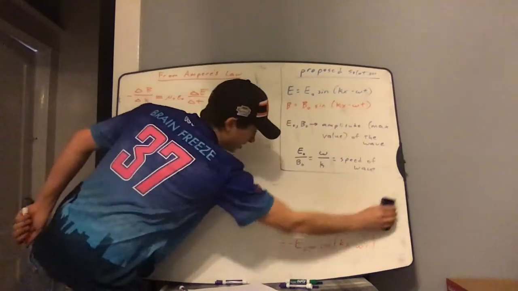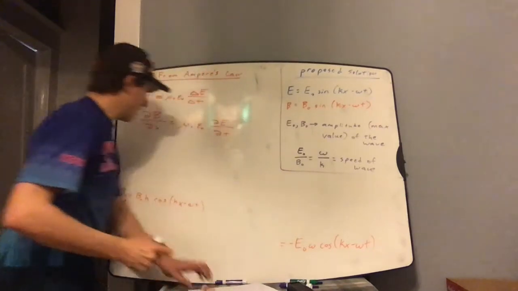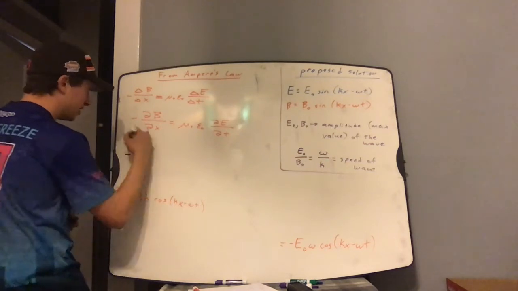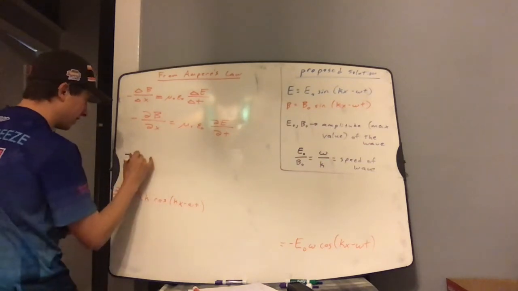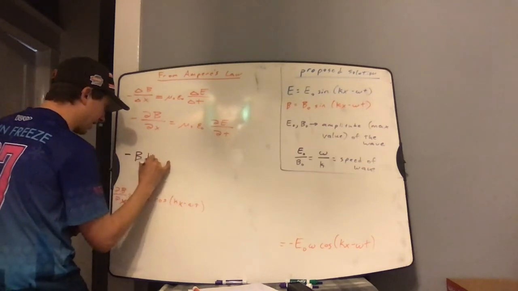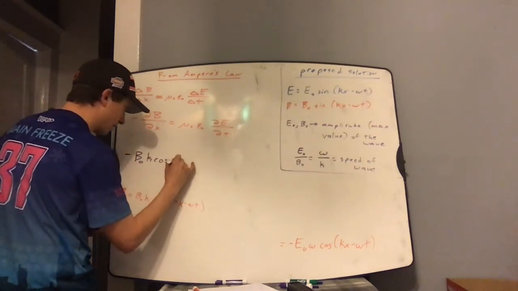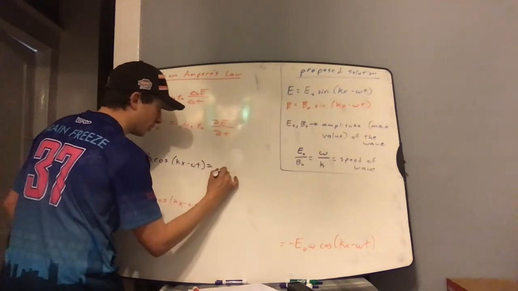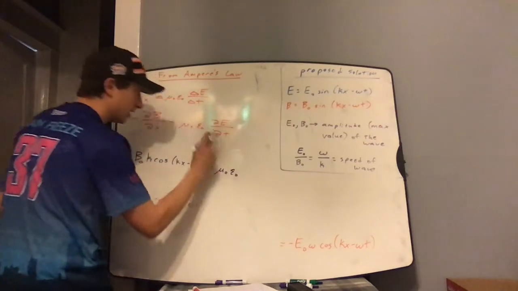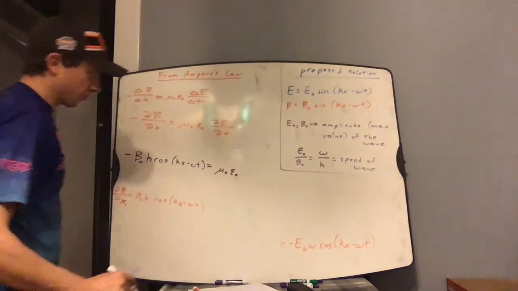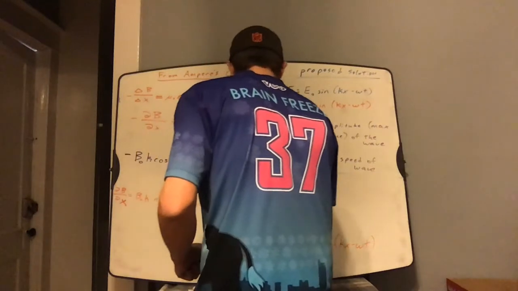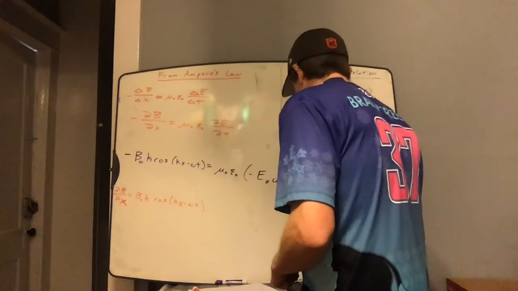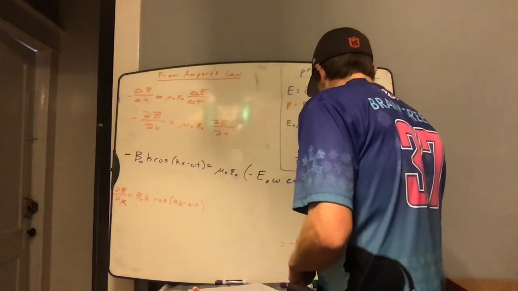So when I plug these values in, I find that negative dB dx, so that'd be negative B naught k cosine kx minus omega t, equals mu naught epsilon naught dE dt, that term there. So I have negative E naught omega cosine kx minus omega t.